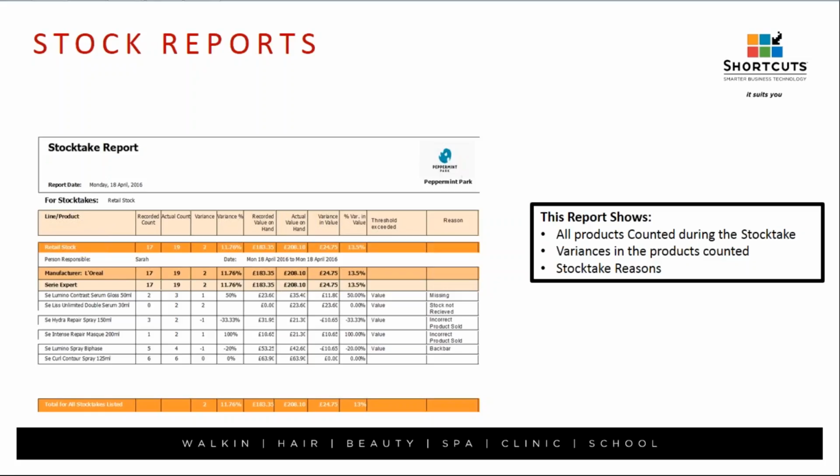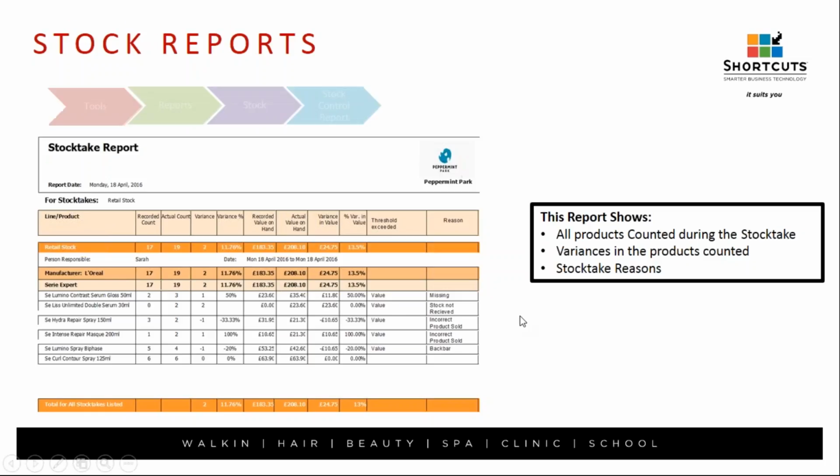You'll see the current level, the recorded count, the actual count, and also if there is a variance between what you had before the StockTake and afterwards. To get to these reports, if you go to Tools, Reports, Stock and Stock Control Reports, you'll see this in more detail.